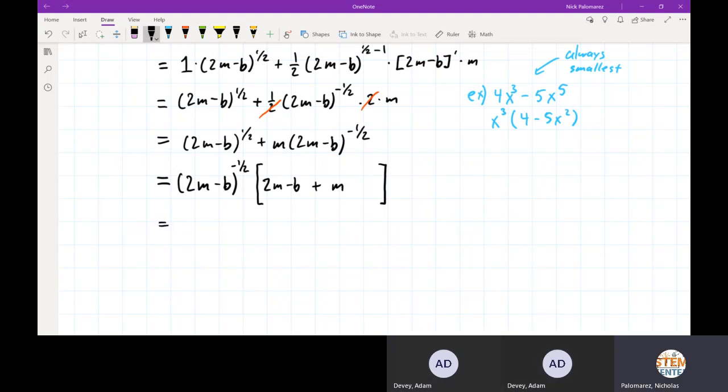And then we can rewrite this to simplify it one more step. We can move the negative 1/2 exponent factor to the denominator there, and put it back in its radical. And then left on top would be, well, we can combine the 2m plus the m and get a 3m minus b.